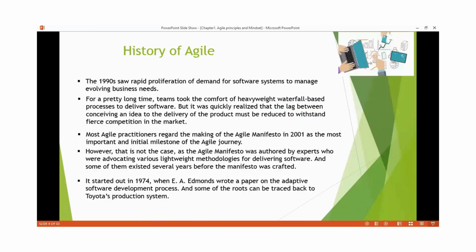Looking at the evolution of Agile, in the 1990s there was a big proliferation of demand for software systems to manage every business need. At that time we had the heavyweight traditional waterfall using the spiral, and they had to deliver in a week, a month, a year, or two years, which took a lot of patience to deliver marketing campaigns for the product or service results.